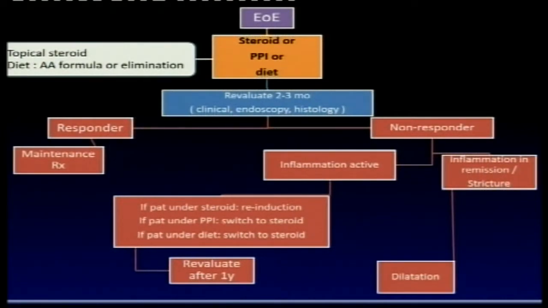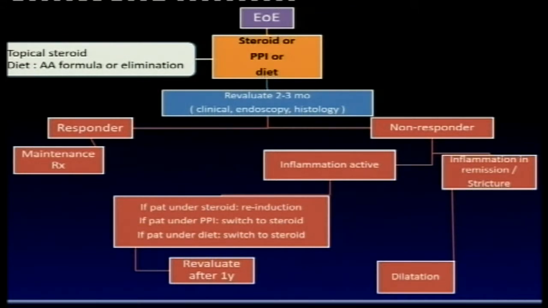My conclusion, or our guidelines in eosinophilic esophagitis: first, we give the option to the parents, which one you want to start. Usually, in my practice, I use topical steroid and PPI. Then I reevaluate after 2-3 months by 3 categories: endoscopy, histology, and clinical. If he responds, I will keep him on maintenance or low dose.